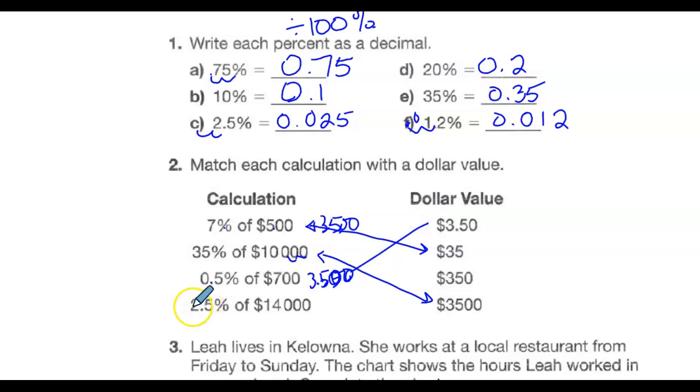So 3.5, which is $3.50. And then this one, if you're not sure what 2.5% of 1,400, well, 2.5 is half of 5%. So you could take half instead of doing, so you could do 5% of 7,000.